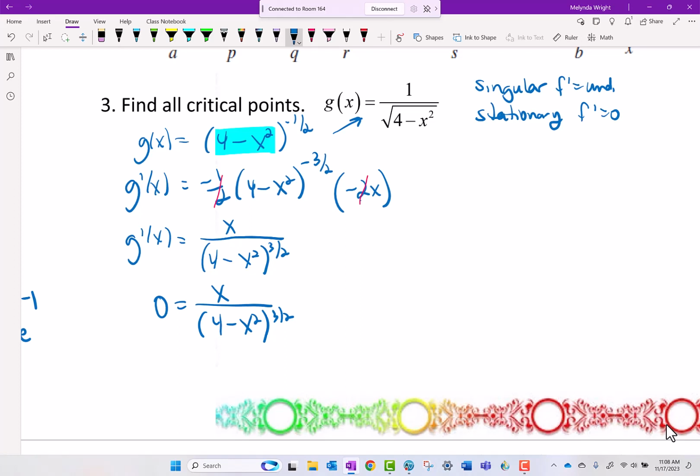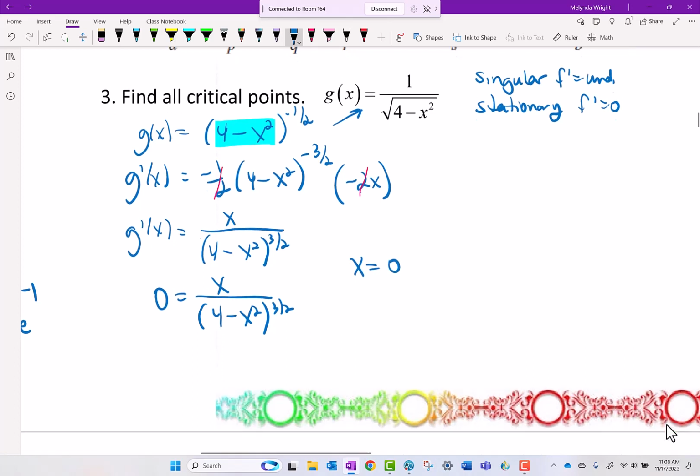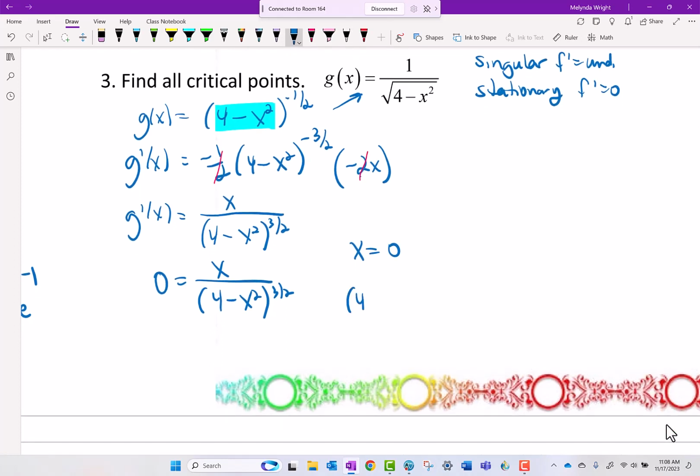Because 0 over 5 is still 0, 0 over negative 2 is still 0, 0 over 2,000 is still 0. We just really want the top to be 0, right? So what I do is I set the numerator equal to 0, and I set the denominator equal to 0. The numerator is going to give me my stationary points, and the denominator is going to give me my singular points.